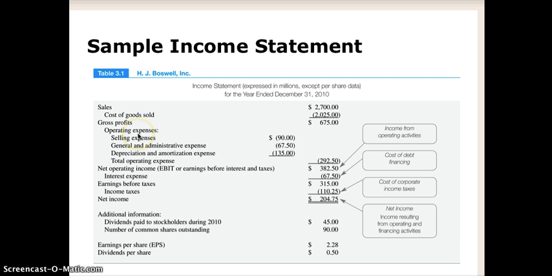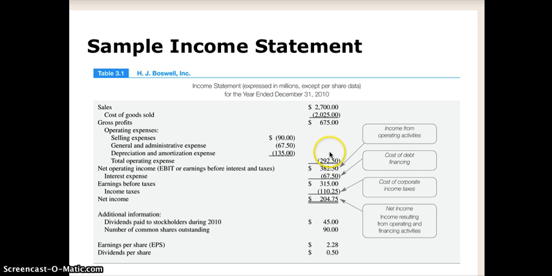So this is going to include rent and utilities and salaries to executives and a whole host of different things. In this case, this company's total operating expenses equals $292,500.